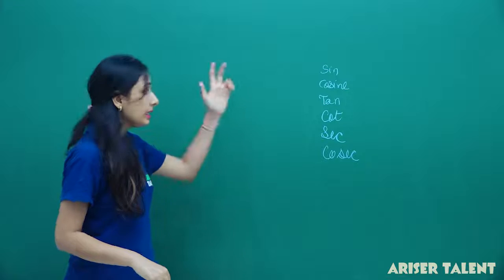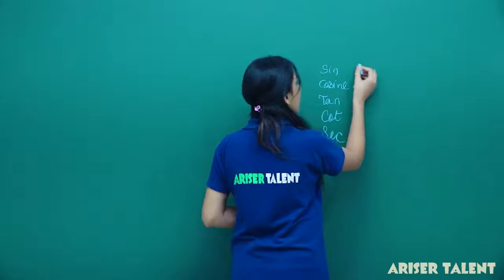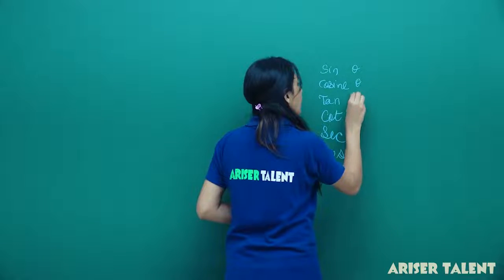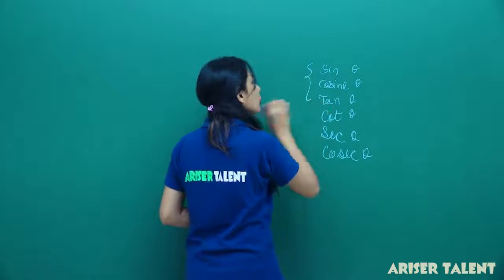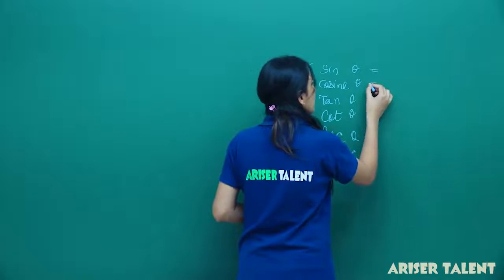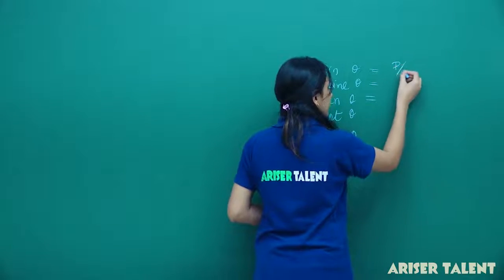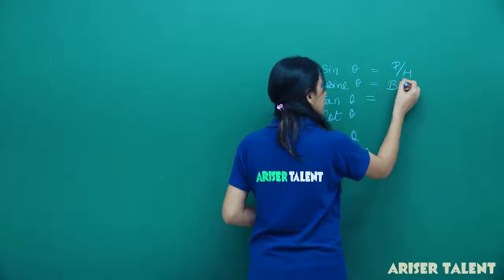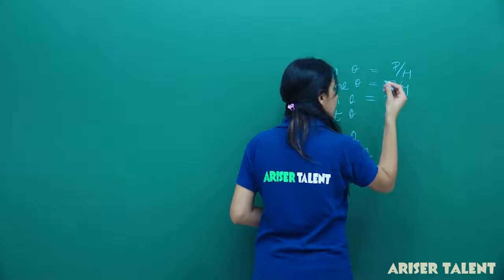Now from these, I want you to remember, when we were discussing theta, I am telling you about these three. We will have the proportions: P by H, B by H and P by B.